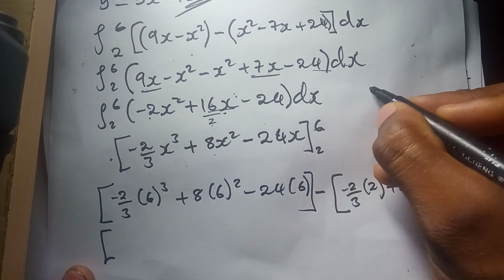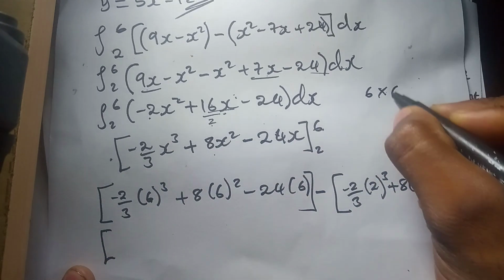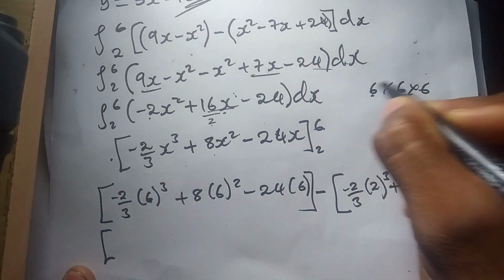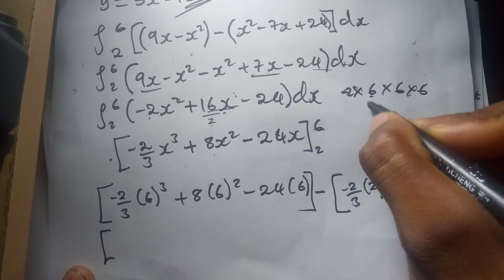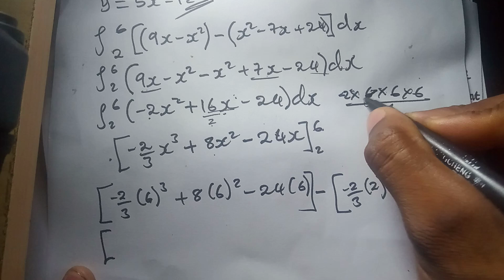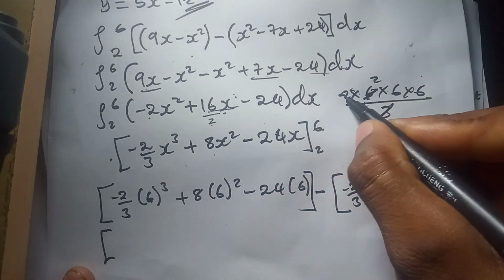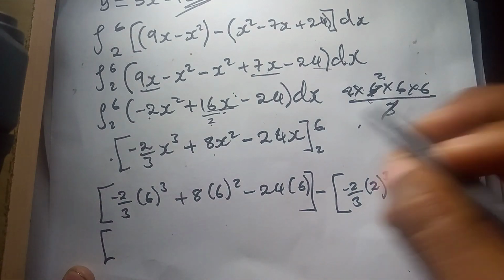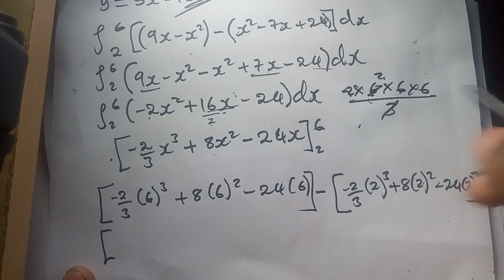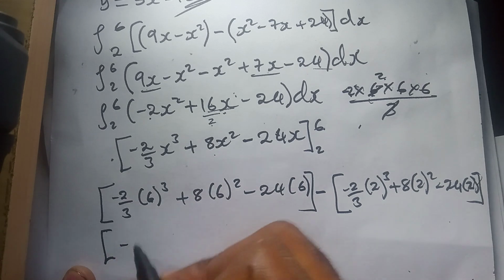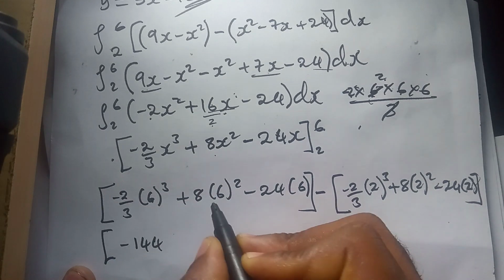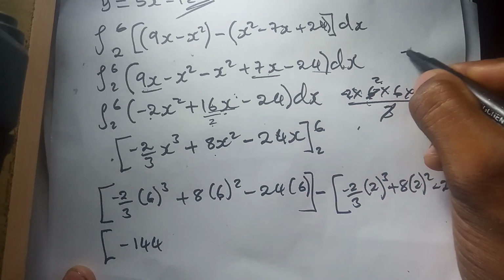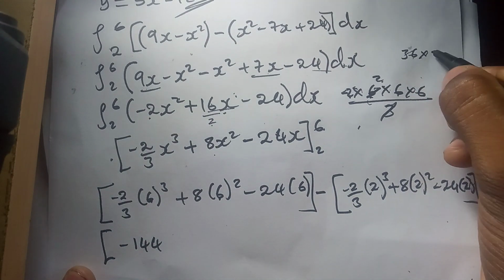So this is like 6 times 6 times 6, and then we have a negative 2 and then a 3. So this and this will give us a 2. 2 times 2 is 4, and then this is 36. So 4 times 36, that's negative 144. And then this is 36 times 8.